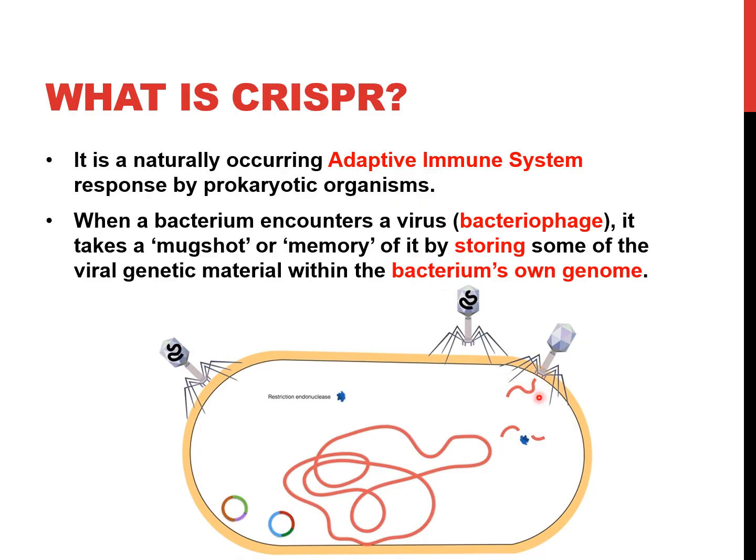So it could be DNA, it could be RNA, by storing some of the viral genetic material with its own genome. Essentially it takes the injected DNA, because if we think back to what viruses do, they inject their own DNA and they hope that this DNA makes its way into the genome of the organism.